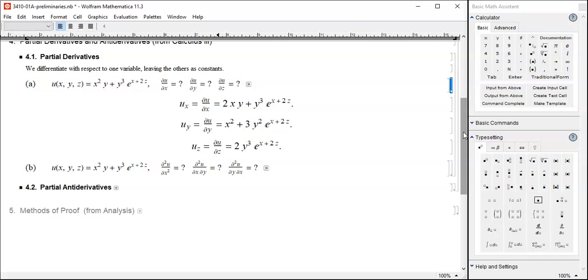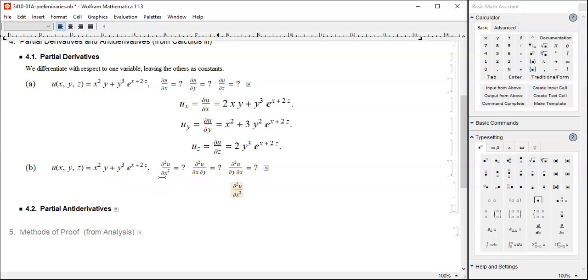Now, how about some second derivative computations? Same functions here. And then what is this expression? This is equivalent to this, actually.